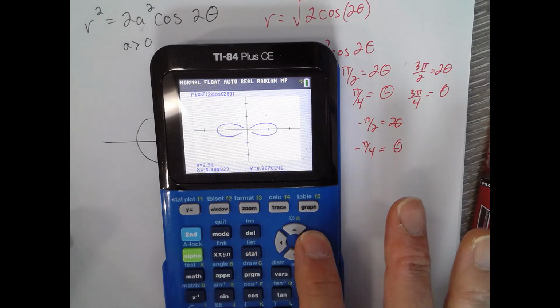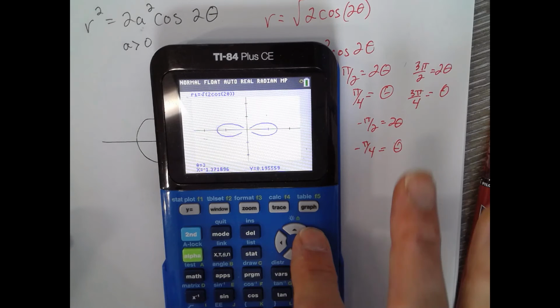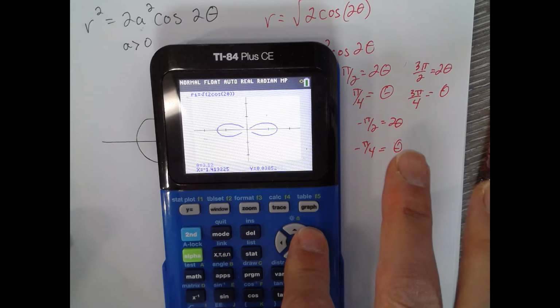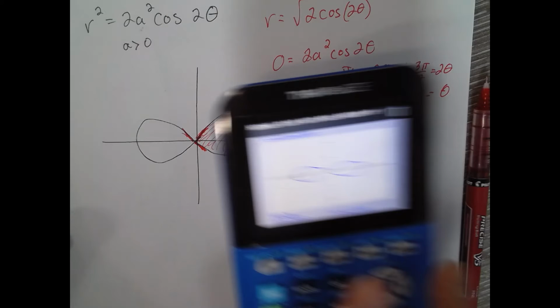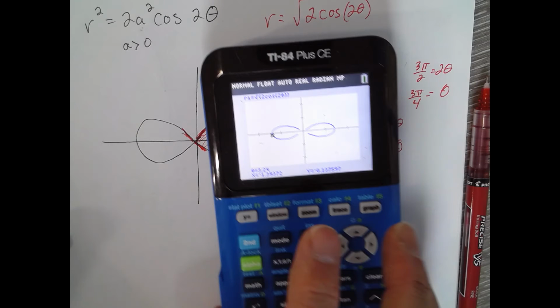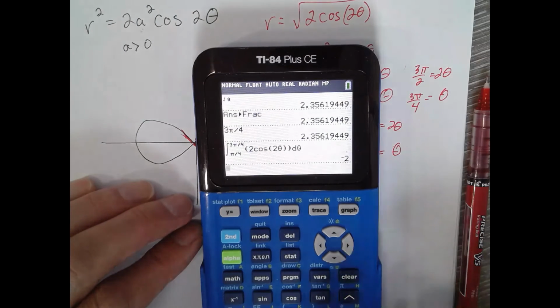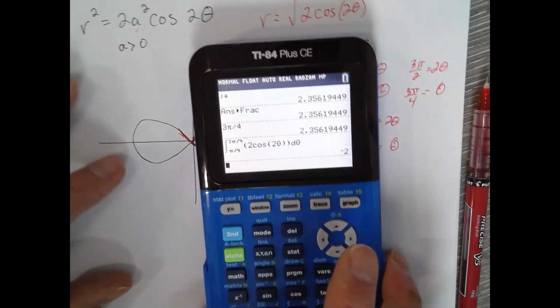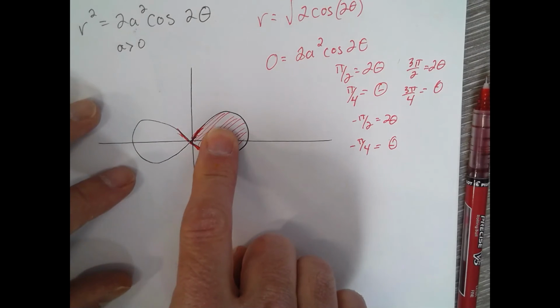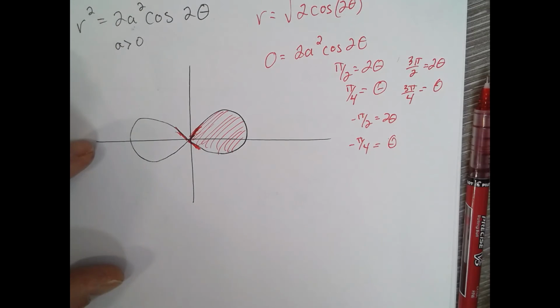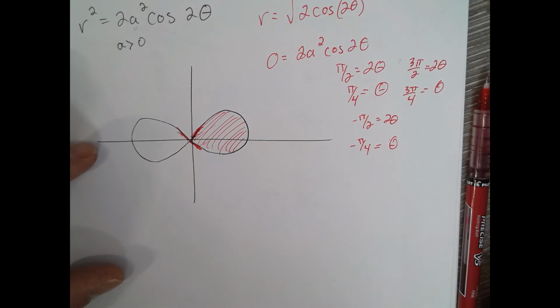So it doesn't even appear on the axes. Curious what would happen if I used my calculator and integrated it from pi over 4 to 3 pi over 4, and it gives us a negative answer, negative 2. So it's the same magnitude, I think we'll find, of this, but it's a negative. So we can explore that more some other time.